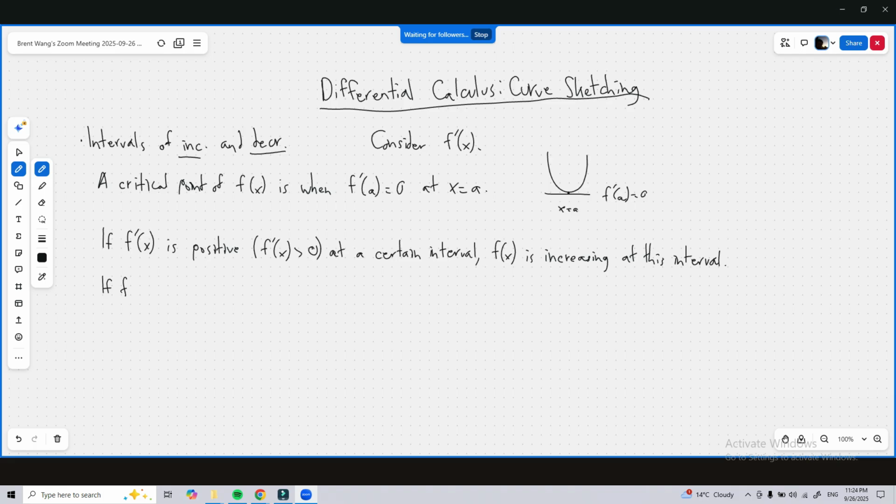If f prime of x is negative, i.e. f prime of x less than 0 at a certain interval, f of x is decreasing at this particular interval.